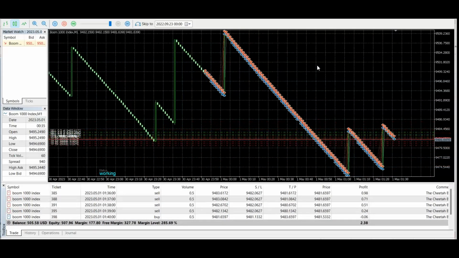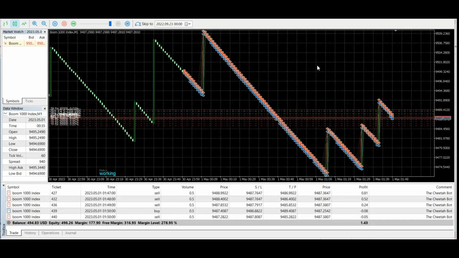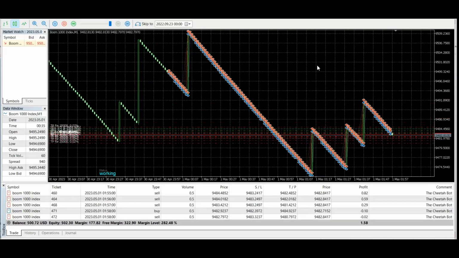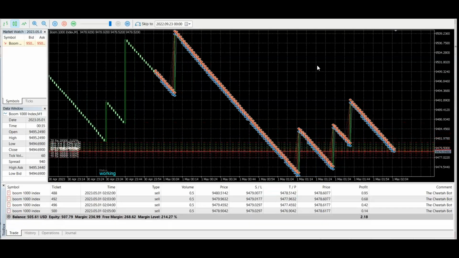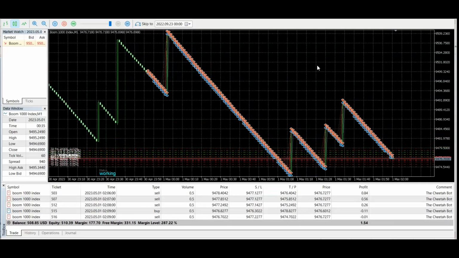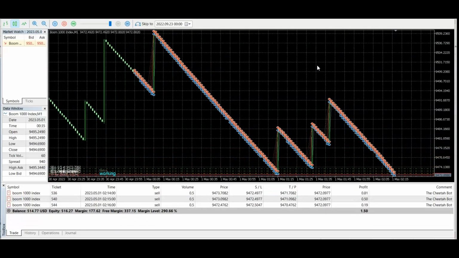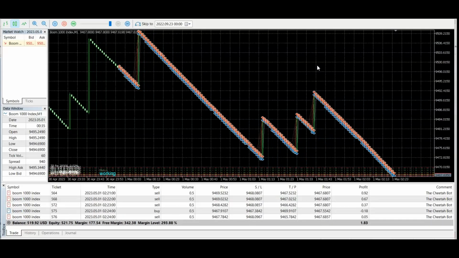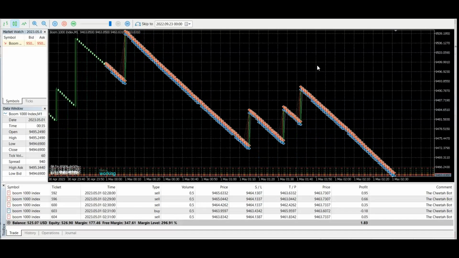Then whenever it sees bullish candles, it will buy, buy, buy, and continue going up, just like that. So that's what's behind the strategy of the robot. It's just basic candles. When it sees a bearish candle, it just keeps on selling, as I said at first.